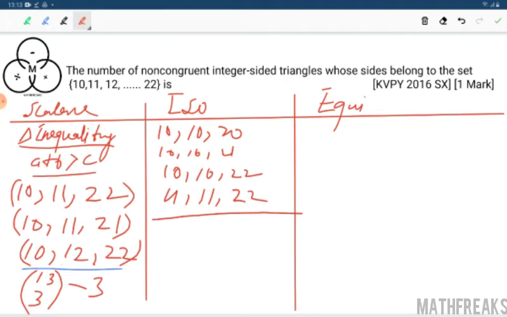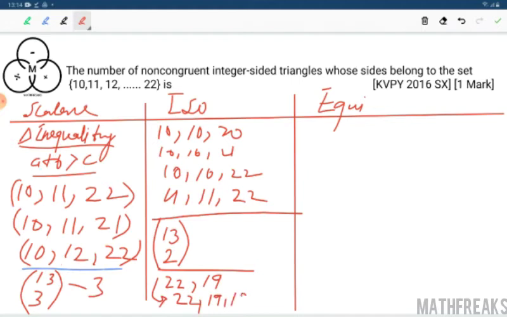Now we just select two elements from the 13 to get the isosceles sides. Why two elements? Suppose we choose 22 and 19 as the two elements. Now we create our triangle with them. 22, 19, 19 is one triangle that we can form by the two elements chosen, and another is 19, 22, 22. So this will be multiplied by 2, because with the two elements we can form two triangles, minus the 4 cases.